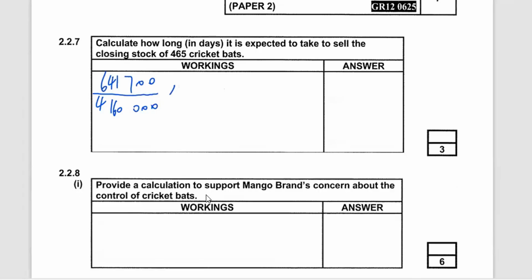Since we want the number of days, we're going to say multiplied by 365 days. Then we get our answer, which is 56.3 days.